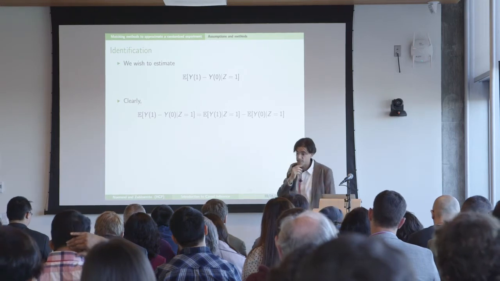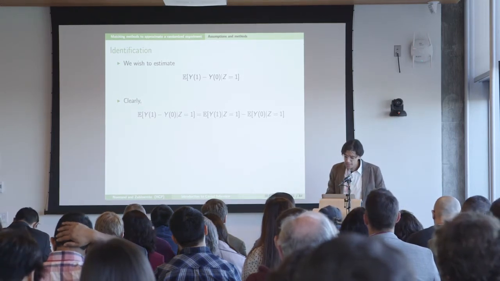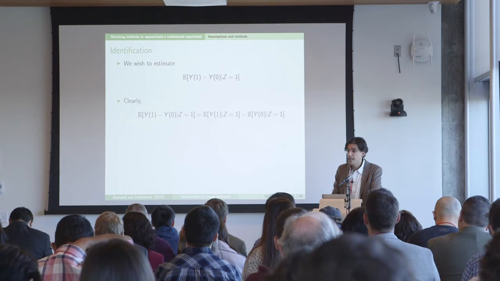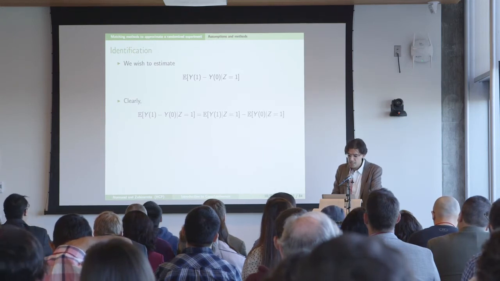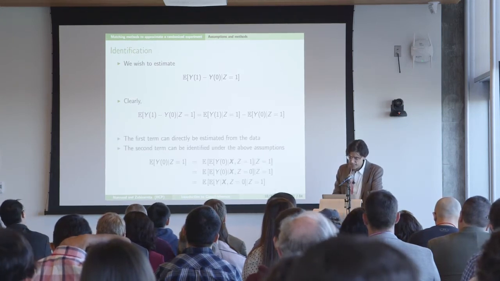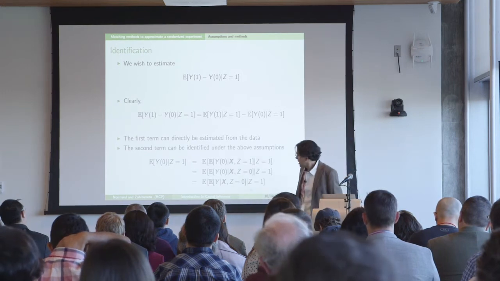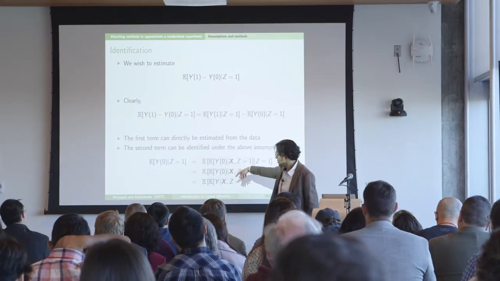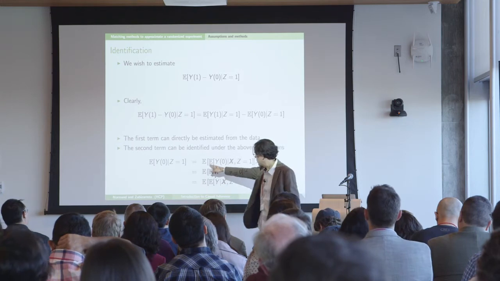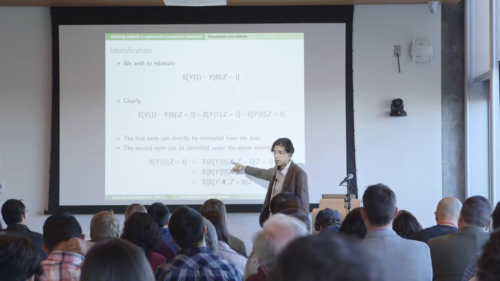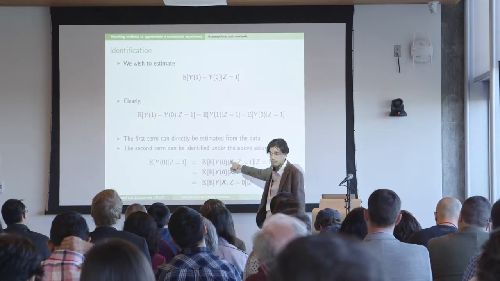the treated subjects. And what is going to get us there is going to be the unconfoundedness assumption in addition to using iterated expectations. So by using iterated expectations, we have this expectation over the x's for all the possible values of x's. This is also called the tower property.